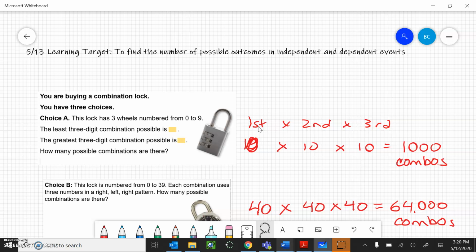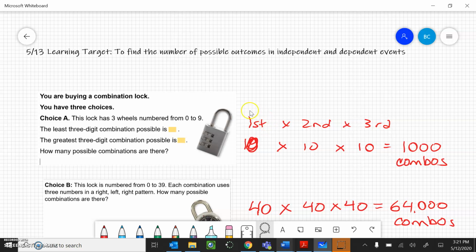So think about the video you just watched from TED Ed, and when people were sitting in the chairs and we were looking at the different combinations, or when we were looking at a deck of cards and the different combinations of cards that we're using. Once you use a card, you can't use it again. So those are dependent events. So depending on what happens first will limit the options for what happens next.